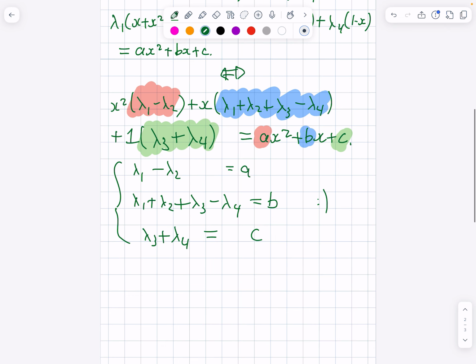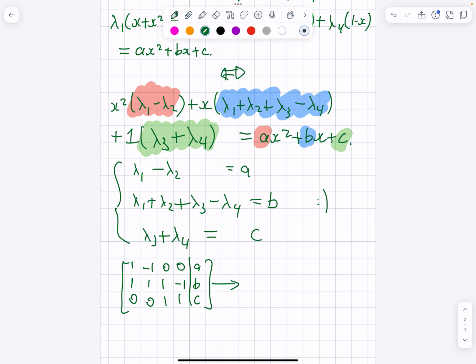This actually turns out not to be too bad. Doing the row reduction, first let's write down the augmented matrix. It would be 1, minus 1, 0, 0; 1, 1, 1, minus 1; 0, 0, 1, 1; and then on the other side we have a, b, c. Good, and now do our row reduction.